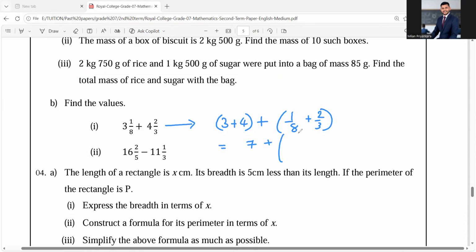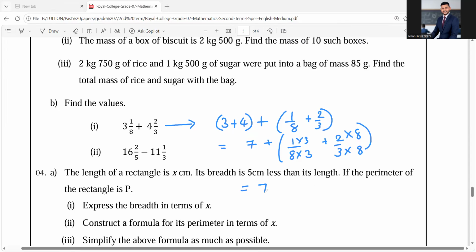Now here you have to take a common denominator. You can choose 24 as the common denominator, because 8 into 3 is 24, 3 into 8 is also 24. So you multiply the first fraction by 3 and this one by 8.